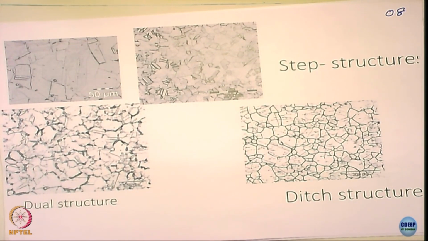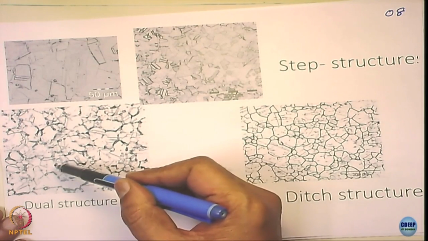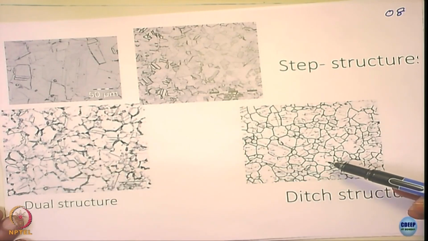Please notice that the magnification is supposed to be between 250 and 500, and that is the reason behind that, okay. At very low magnification, you might not be able to see grain boundaries properly. At very high magnification, you won't see many grains at all. So it is in that range that it is seen. Now you can see the step structure we discussed already, right, and then this is called the dual structure, and then you have the ditch structure.